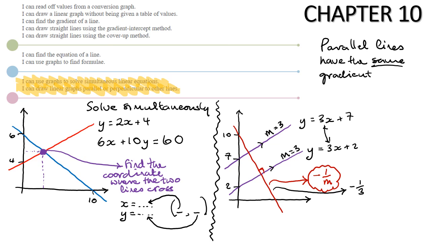So it actually has a gradient of -1/3, that red line. So we could write down the equation of this line as y equals -1/3 x plus 10, because that's where it crosses the y-axis at 10. So we took the gradient of the line that we know, the purple one. If we know that a line is perpendicular, we use that -1/m, where m is the gradient of the line that we know.